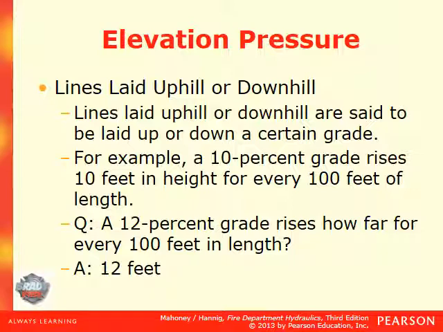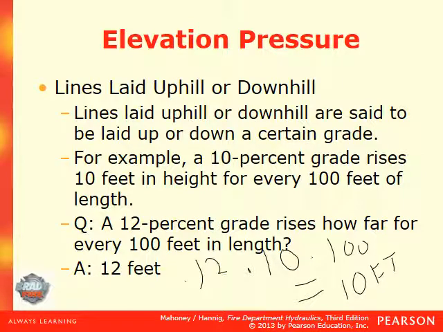So if you put that in mathematical terms, remember 10% is 0.10, 0.10 times 100, and that's how they get 10 feet. In our problem at the bottom, we have 12%. How far for every 100 feet of length? So again, that's 0.12 times 100, and that's how they get the 12.